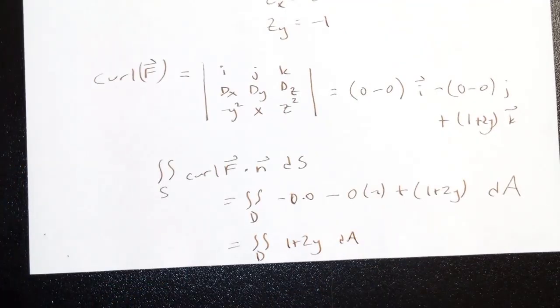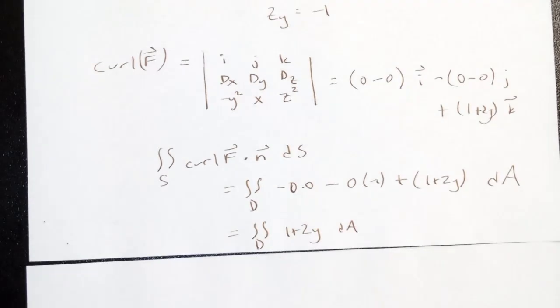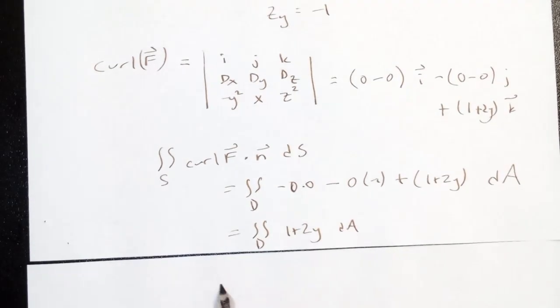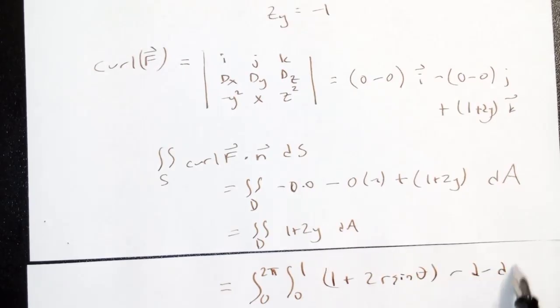What's our domain D? Which means I'm going to do this integral how? In polar. Equals the integral from 0 to 2 pi, integral from 0 to 1 of 1 plus 2r sine theta, r dr d theta.